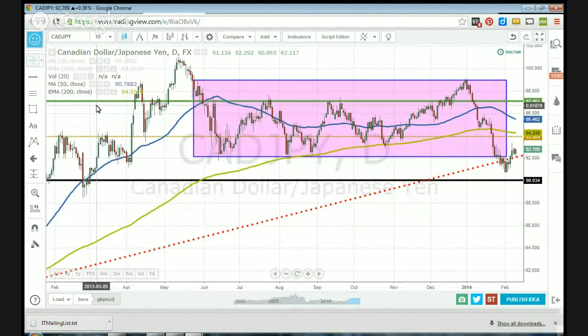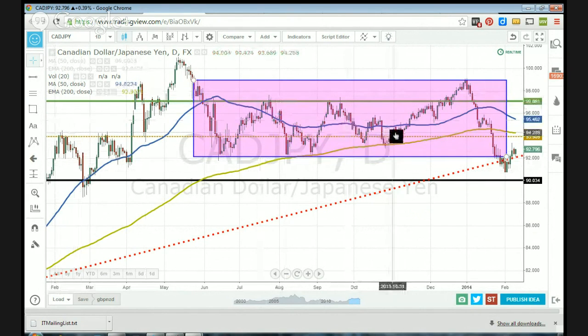Canada yen. This is another trade I tried and got stopped out on before. Now it looks like we might be rallying. Yeah, this is odd. I'm just not finding the price action to be that clear.